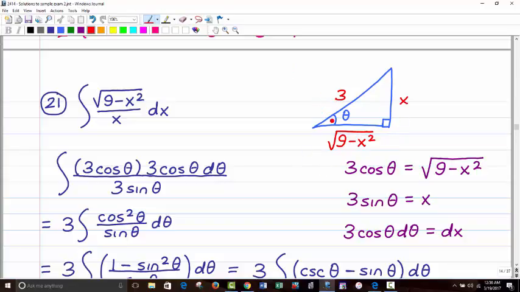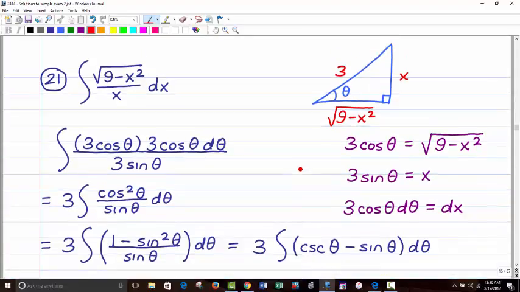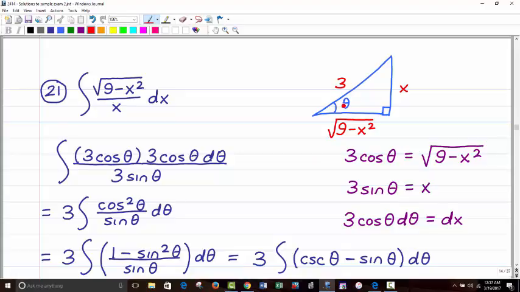The x and the radical could switch. So the cosine of theta is the radical divided by 3, so therefore 3 cosine of theta is the radical. Sine of theta is x over 3, so 3 sine theta is x. Therefore, 3 cos theta d theta would be the derivative, dx.